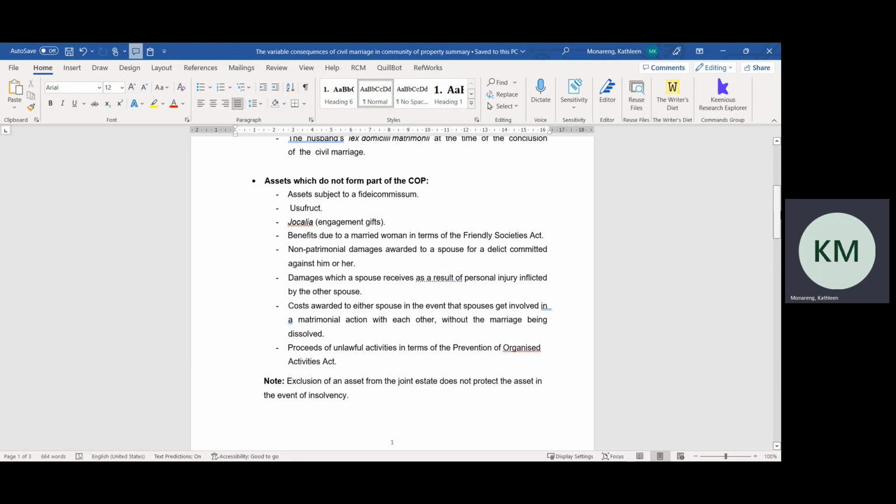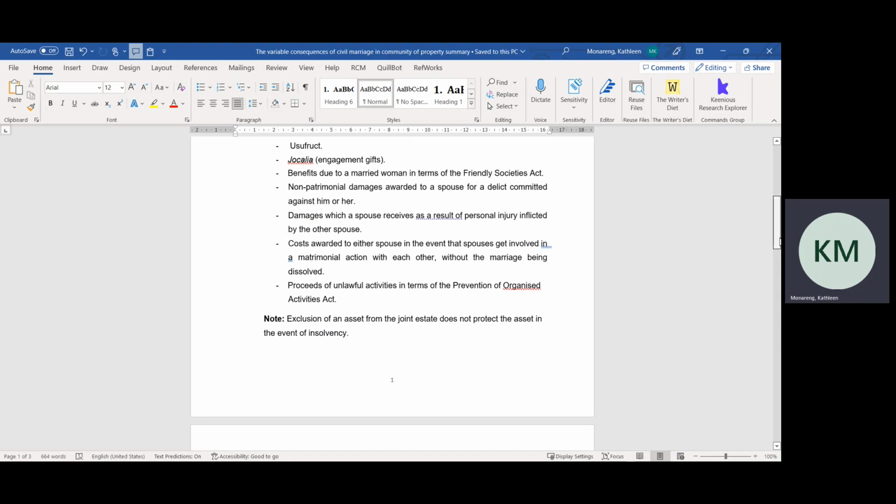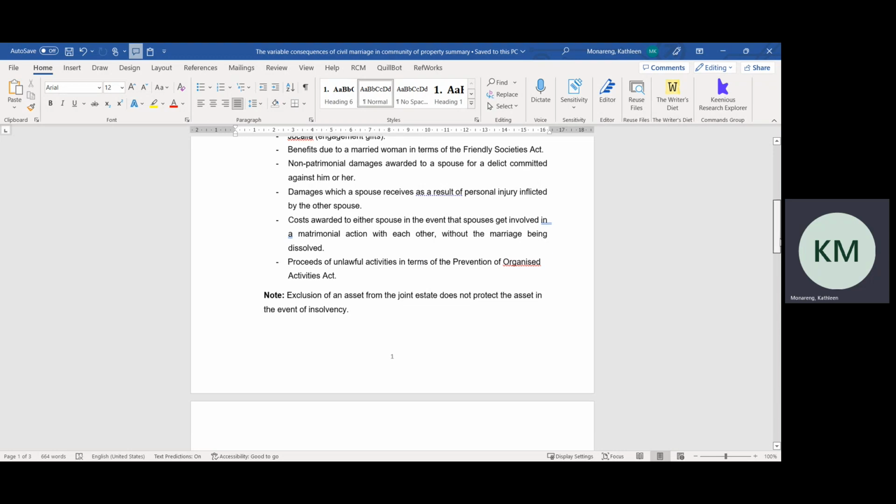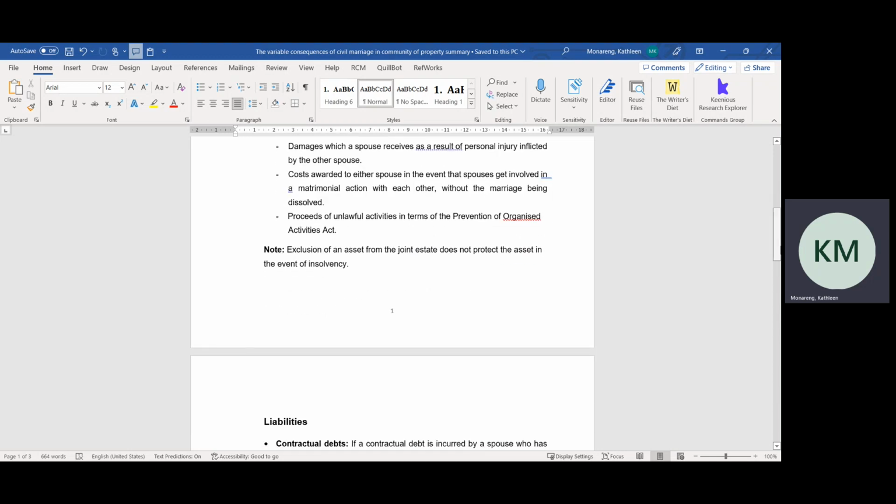The last assets which do not form part are proceeds of unlawful activities in terms of the Prevention of Organised Crime Act. It is important to note that the exclusion of the assets from the COP is not protected when one of the spouses has been declared insolvent.